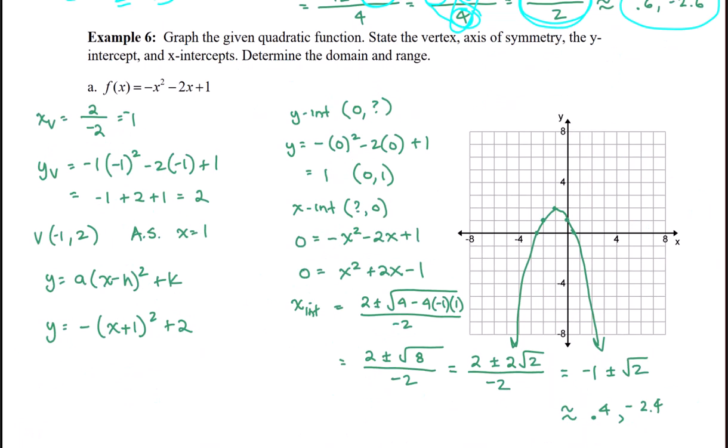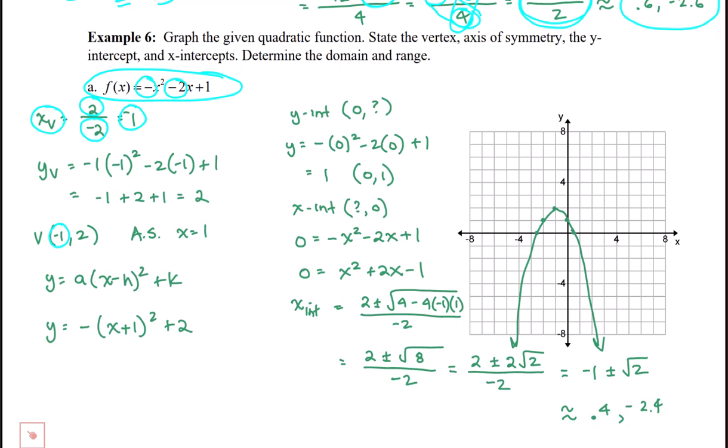Example 6 is much the same. They give us the equation in standard form. To find the x-coordinate of the vertex, we take the -b over 2 times the a, and the a is -1. 2 over -2 is -1. That's the x-coordinate of the vertex.